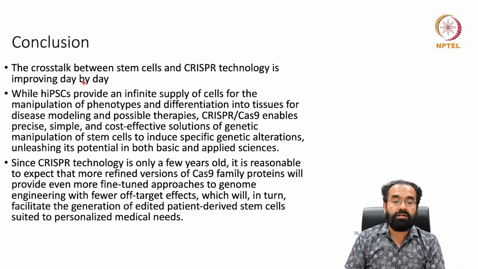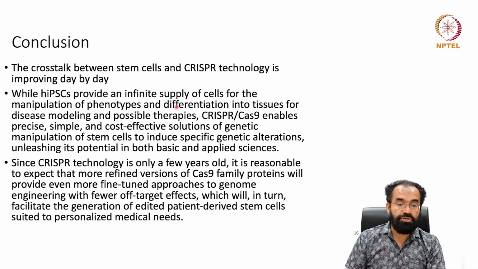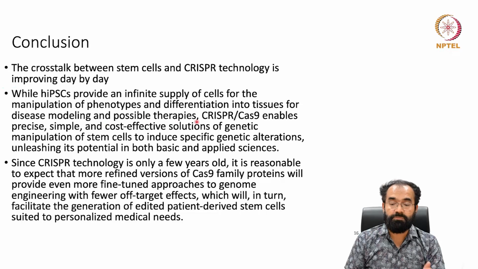So to conclude, the crosstalk between stem cells and CRISPR technology is improving day by day. While human iPSCs provide an infinite supply of cells for the manipulation of phenotypes and differentiation into tissues for disease modeling and possible therapies, CRISPR-Cas9 enables precise, simple, and cost-effective genetic manipulation of stem cells to induce specific genetic alterations, unleashing its potential in both basic and applied sciences.